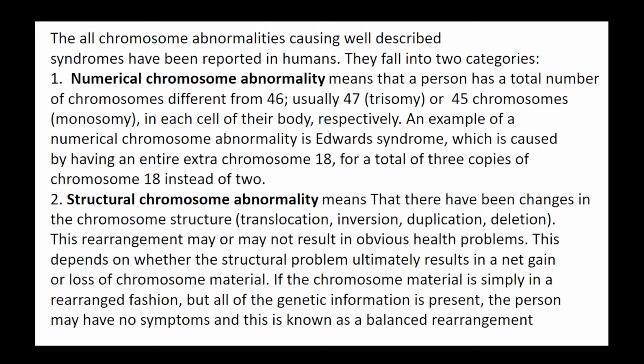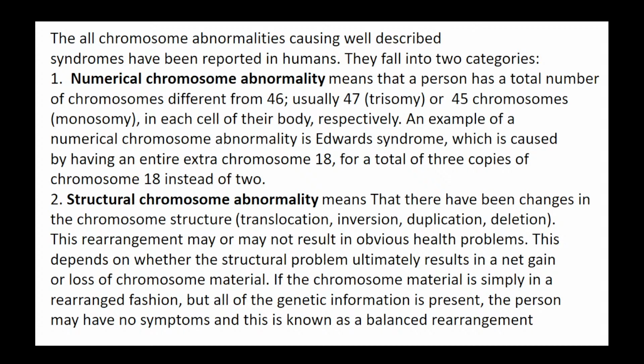All chromosome abnormalities we can divide into groups. These are numerical chromosomal abnormalities. The reason for these abnormalities is changes in the number of chromosomes. So the reason for these abnormalities is aneuploidy or polyploidy. Mostly in people we can find trisomy. This is 47 chromosomes.